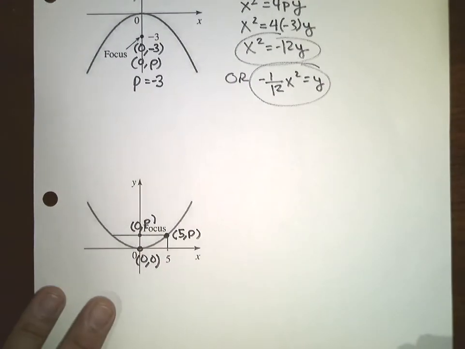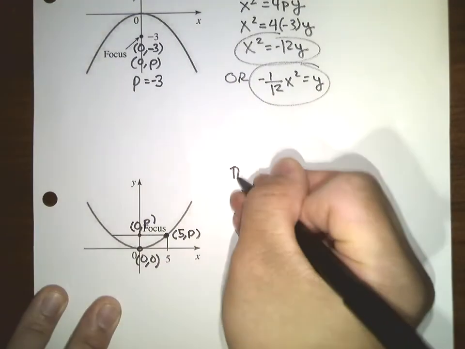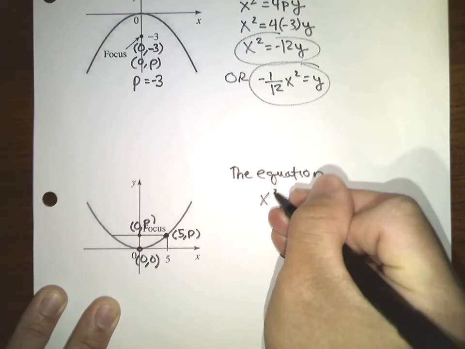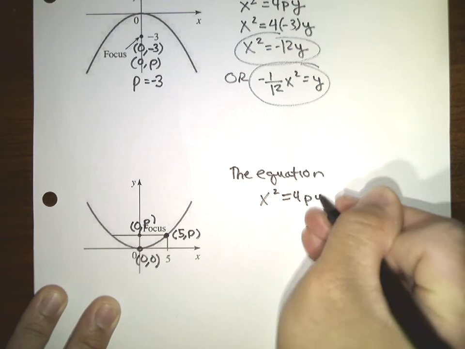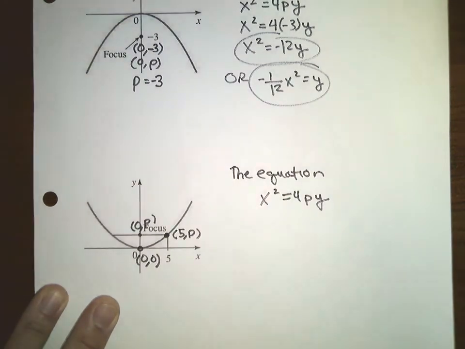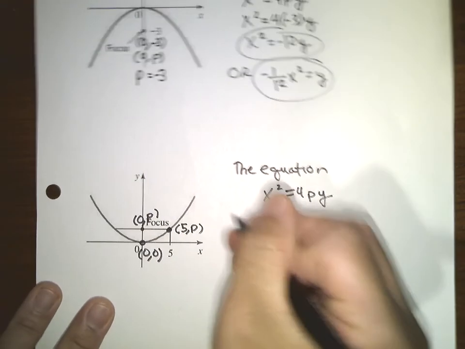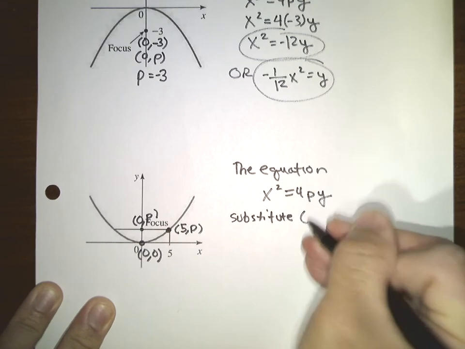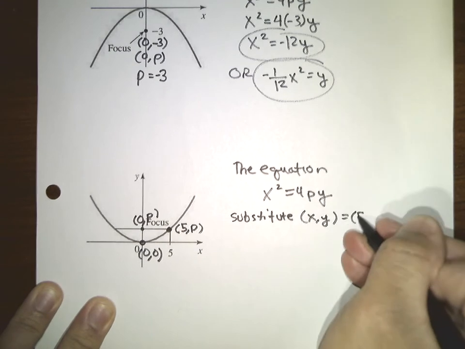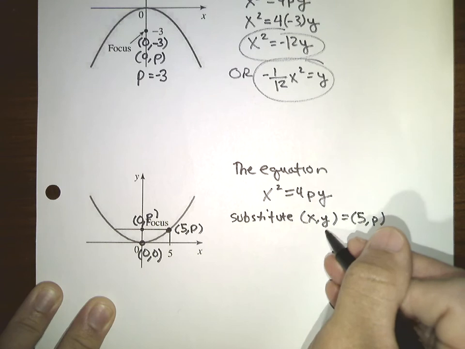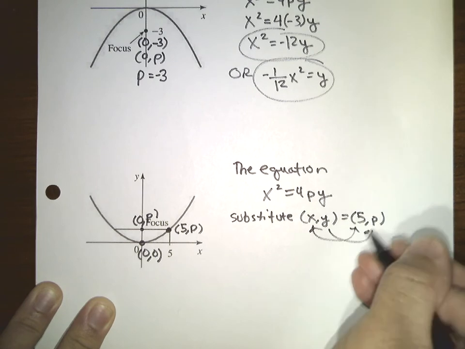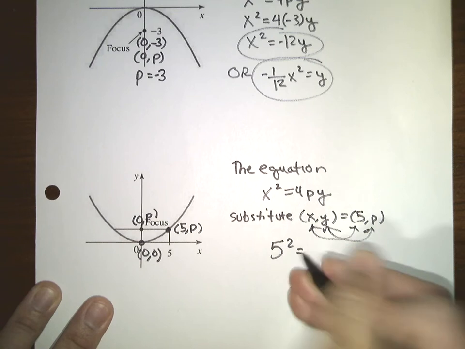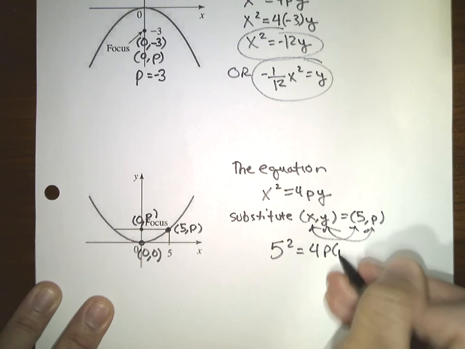So we need to figure out what p is. So the equation is still x squared is 4py. So we can substitute the point (5, p). So let's substitute the (x, y) equals (5, p). So that means x is 5 and y is p. So I have 5 squared is 4p times p.